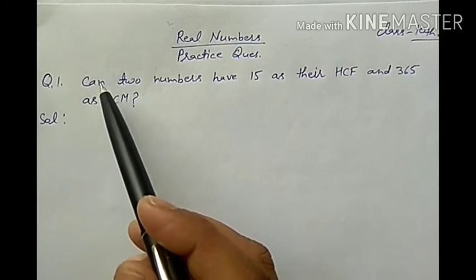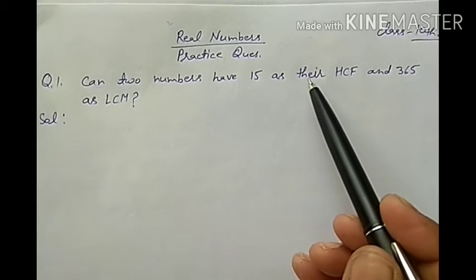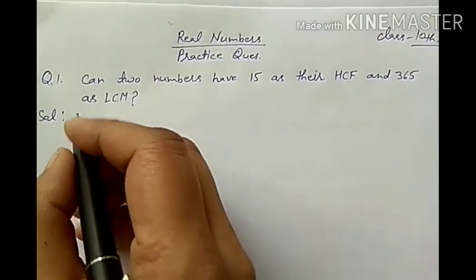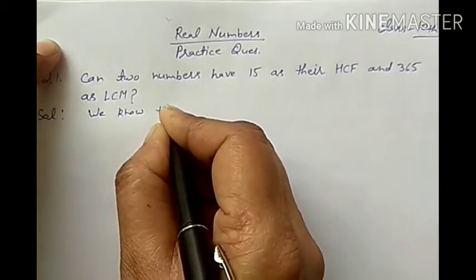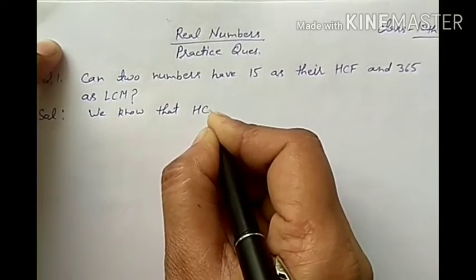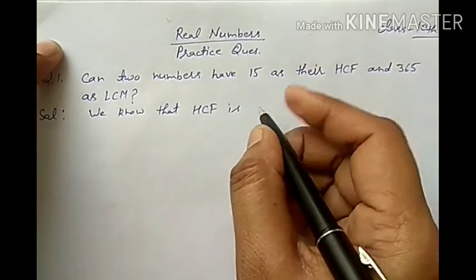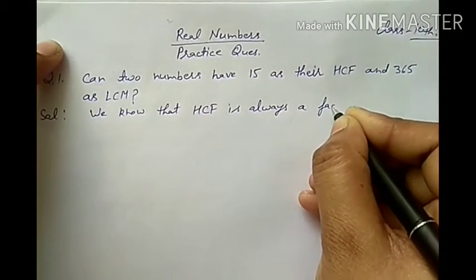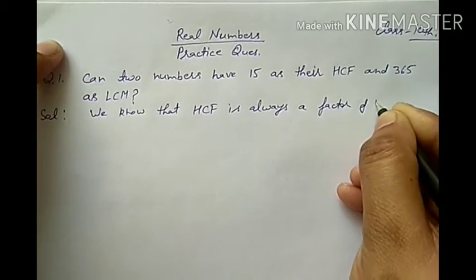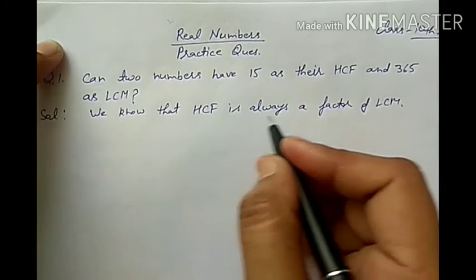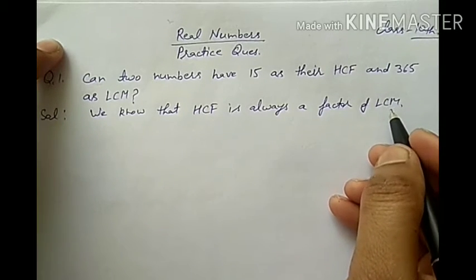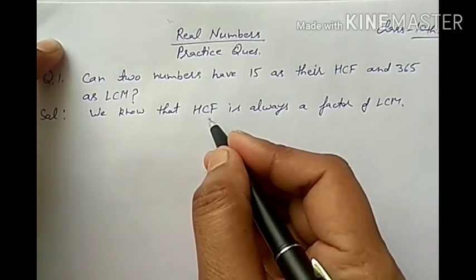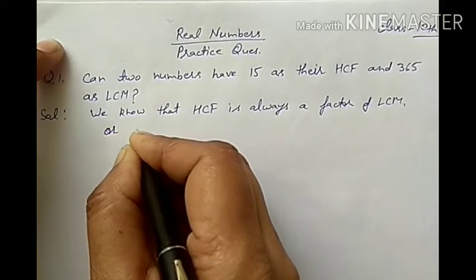Question number 1 is, can two numbers have 15 as their HCF and 365 as their LCM? Students, we know that HCF is always a factor of LCM. It means HCF always divides LCM, or LCM is always a multiple of HCF.